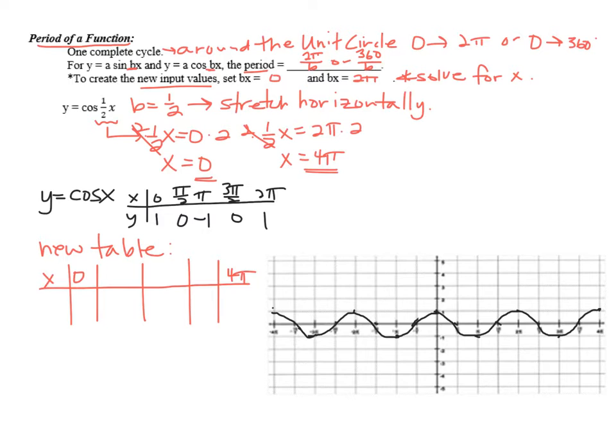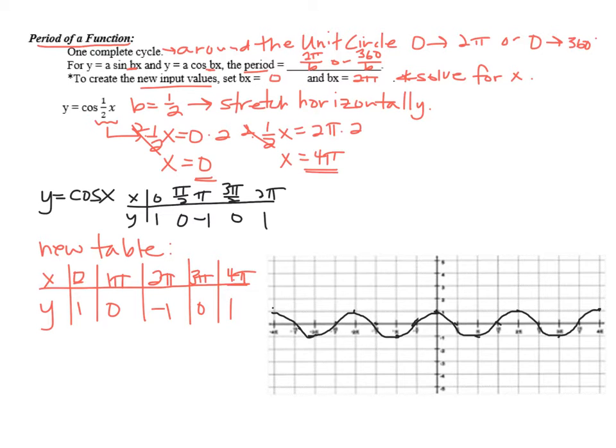So halfway between 0 and 4 pi would be 2 pi. So I'm going to put that right in the middle. And then I'm going to split that up again. Between 0 and 2 pi, that's 1 pi. And between 2 pi and 4 pi, that would be 3 times pi. So those are now our new input values. And our outputs actually stay the same: 1, 0, -1, 0, 1.